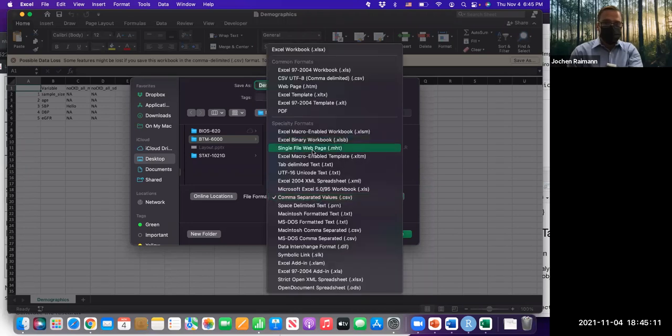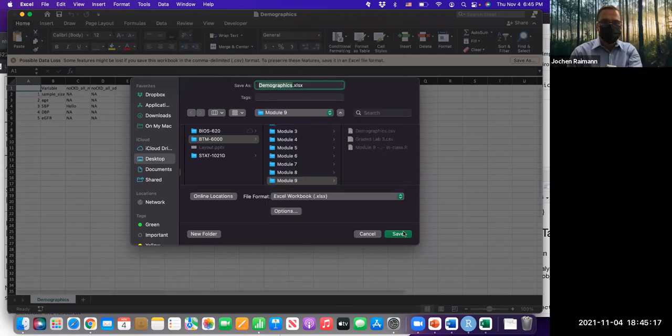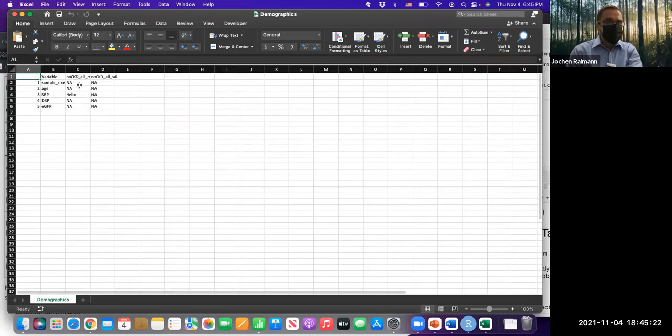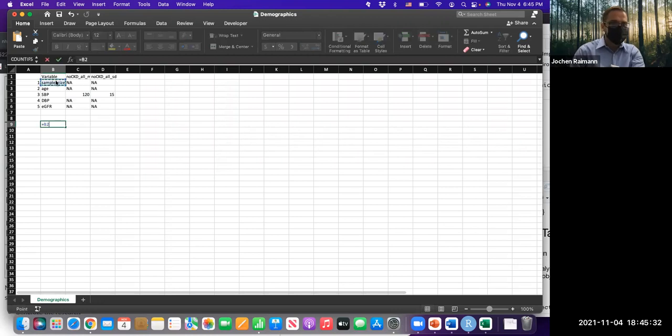So if you convert this into an Excel spreadsheet, in Excel you can enter a formula. So if this is, let's say, the SBP is 120, the standard deviation is 15, you can say, okay, I'm doing this, and you're just pulling this down.